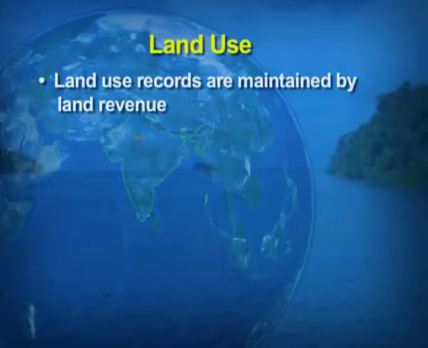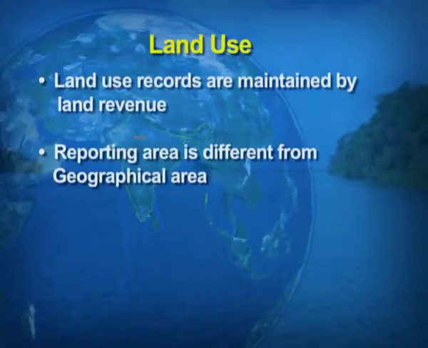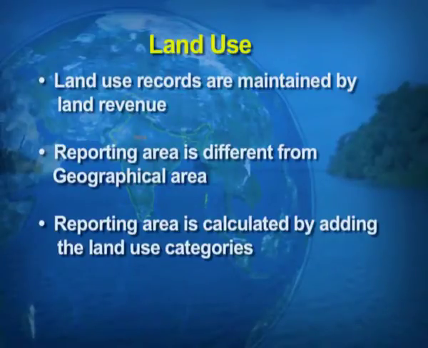Now, the land use records are maintained by land revenue. Reporting area is different from geographical area. So, now we must understand the difference between the reporting area and the geographical area. Dear students, reporting area is calculated by adding the land use categories, and the geographical area is measured by the Survey of India.